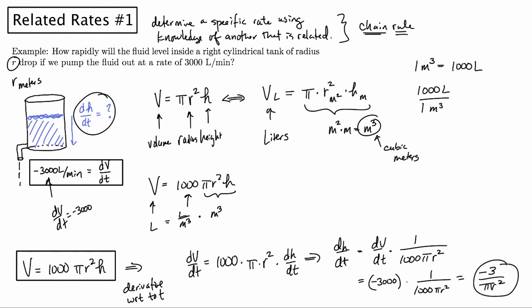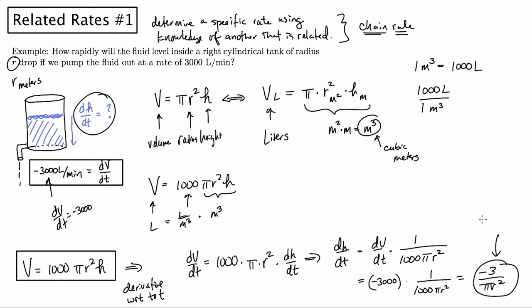And so the rate at which the height is changing is a function of the radius. So as the radius gets bigger, obviously the height is going to change more slowly, but the height is decreasing, which we would expect, decreasing by a rate of, now what are the units here? That's the big question.